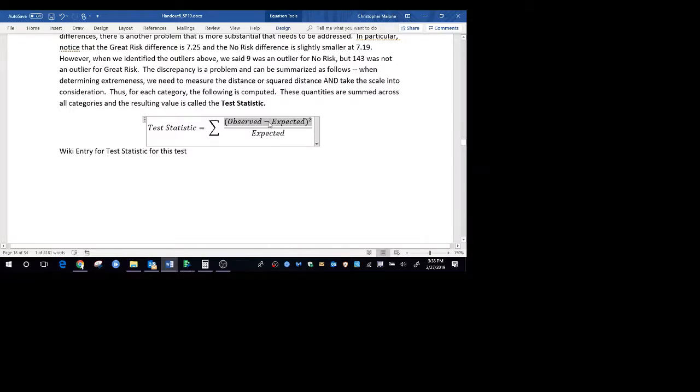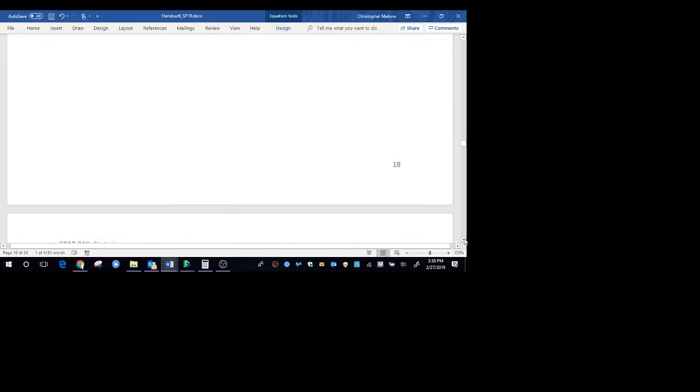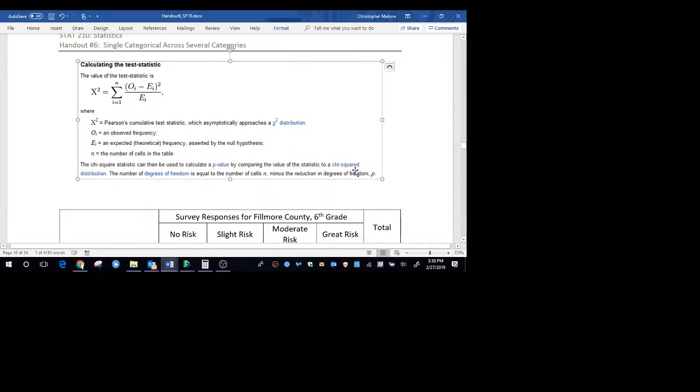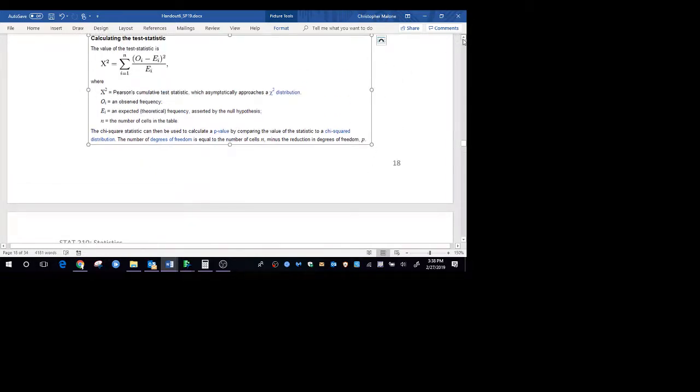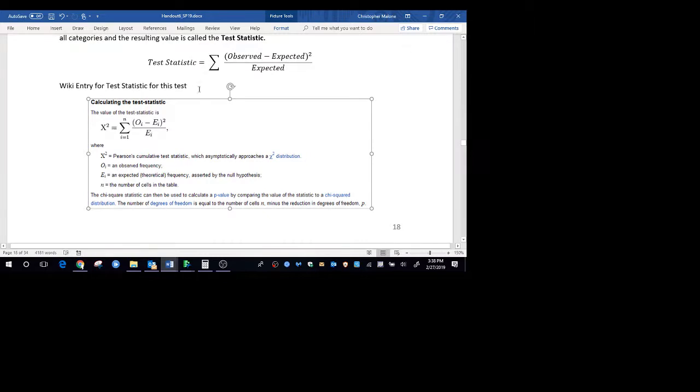Then I'm going to compute that quantity for each of the different categories, and add all of those up. And this is indeed what is called the chi-square test. If we do a wiki search for a chi-square test, you can see that the test statistic has the following form.